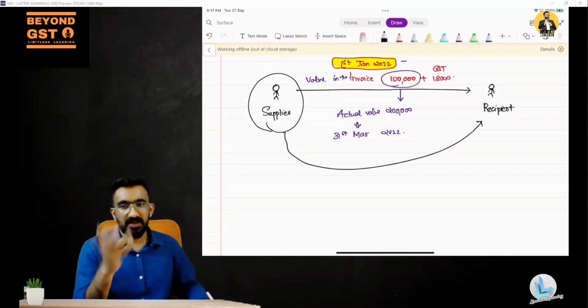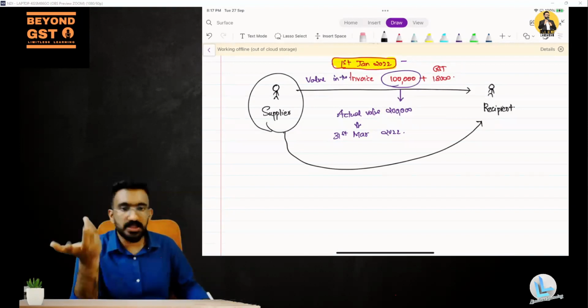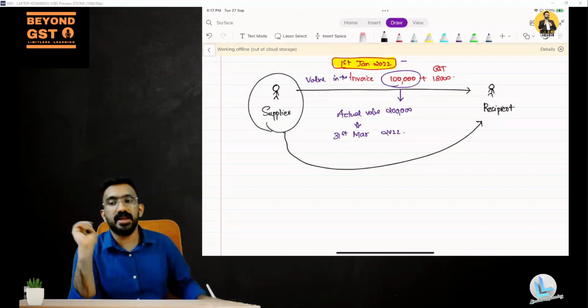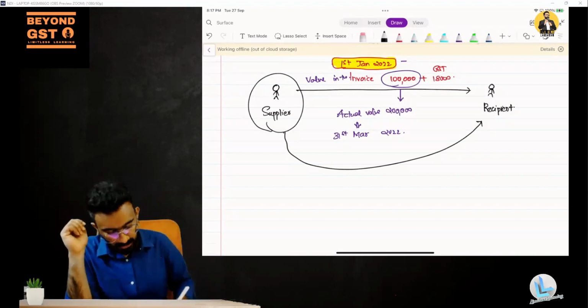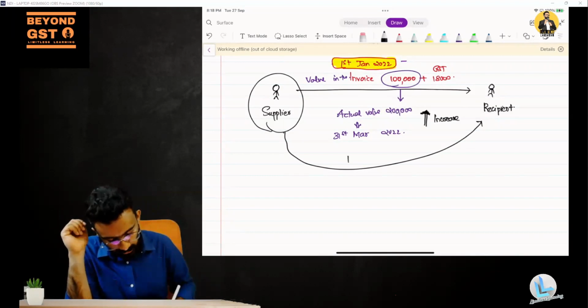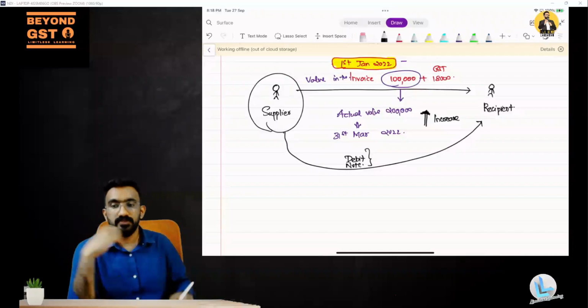No, the invoice is already issued. An invoice can be issued when there is a supply. Now there is no supply. I just want to increase the value in the invoice. So what document will I issue? I'll issue a debit note. For how much? For 2 lakh or 1 lakh? For 1 lakh.